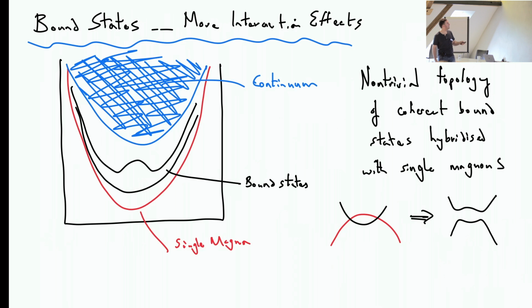This is yet to be seen. Interaction effects can also be important in other ways, as Alex has demonstrated in recent papers. Their interaction effects can lead to bound states. This is an old result, but those bound states can themselves hybridize with single magnon states, opening up topological gaps.